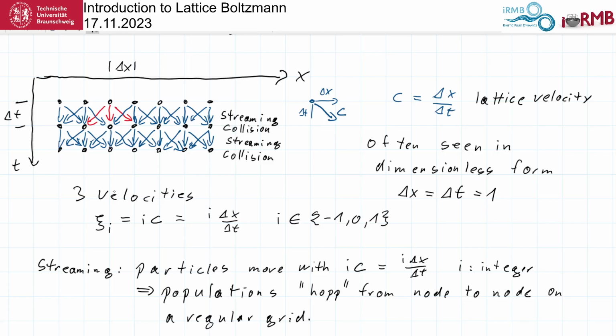This is sometimes also called exact shift. Now this is something very special to the Lattice Boltzmann equation, because usually in numerical methods you would have to discretize the transport, and there you would usually have some sort of interpolation.